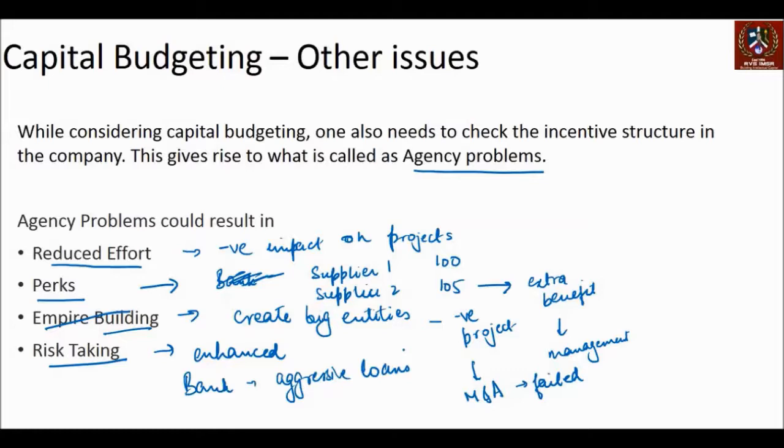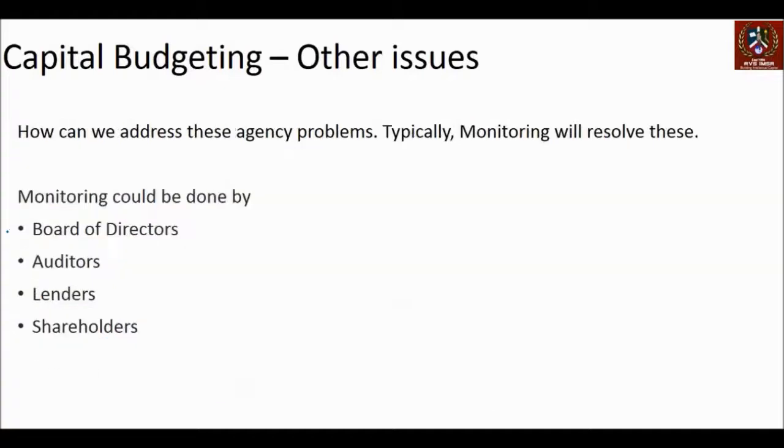So these are issues which come up and they're commonly referred to as agency problems, because the management could take some of these actions and create a problem in terms of what kind of projects are chosen for the stakeholders of the company.